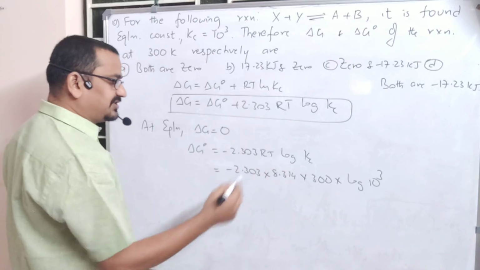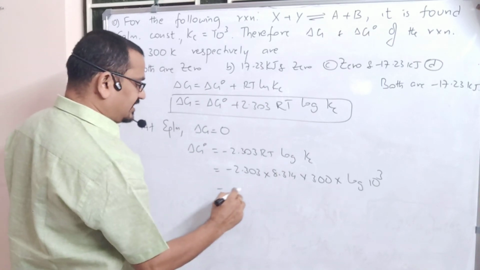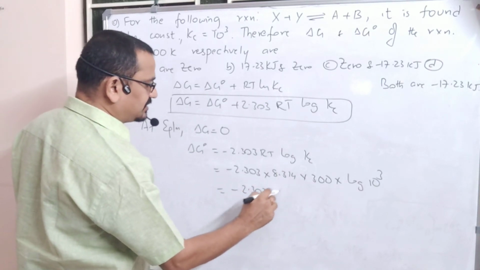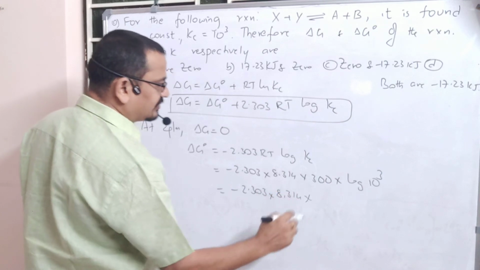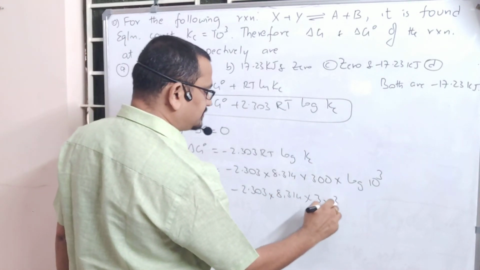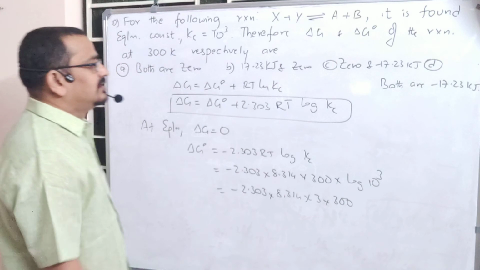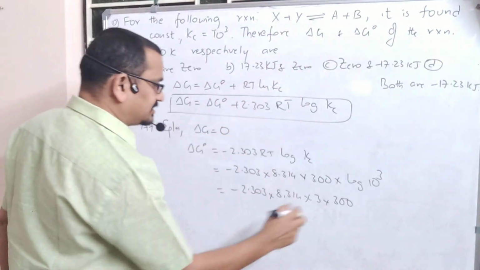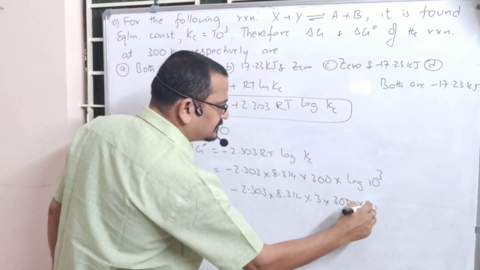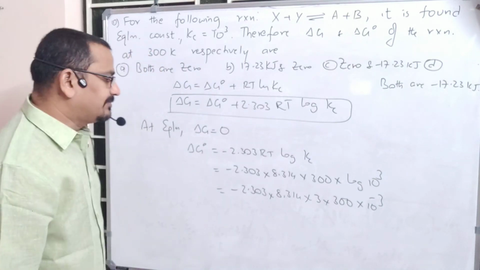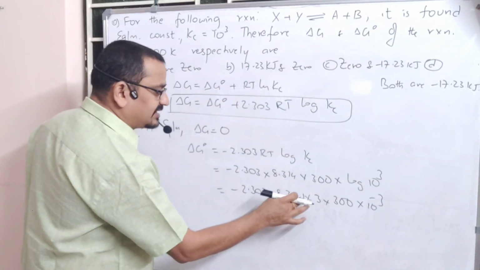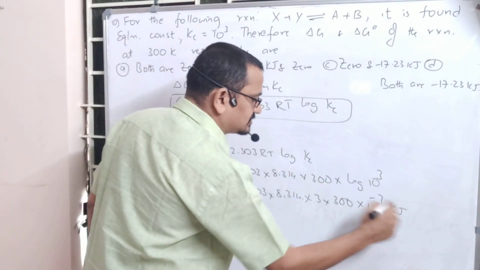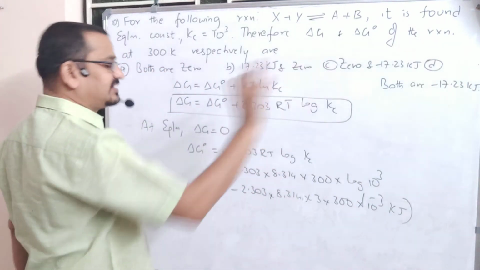Now on substitution, it will be minus 2.303 into 8.314 into 3 into 300. Options are given in kilojoules, so this is joules, into 10 power minus 3. Joules can be converted into 10 power minus 3 kilojoules, as options are given in kilojoules.